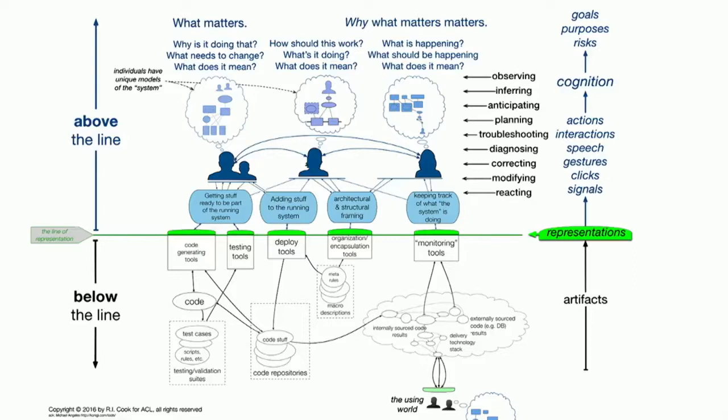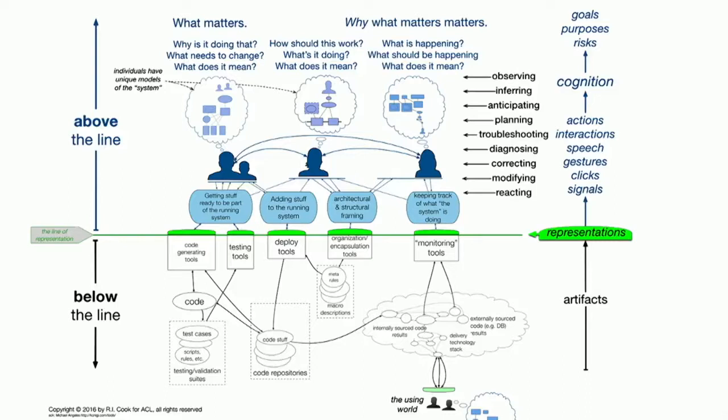You can think of those green things as the screens you're looking at during the day. The only information you have about the system comes from these representations. They're just a little keyhole, right? What's significant is that all the activities you do, the observing, inferring, anticipating, planning, correcting, all has to be done via those representations.